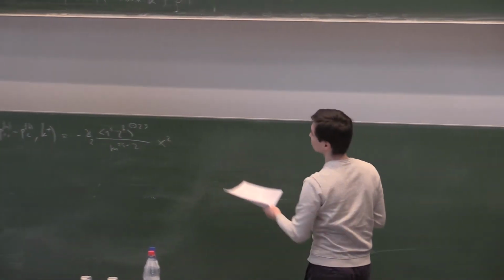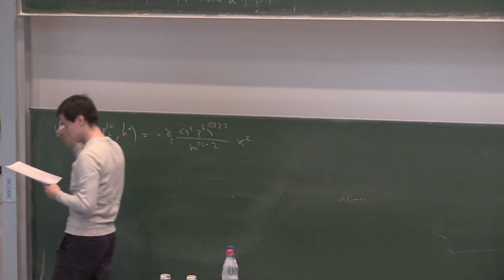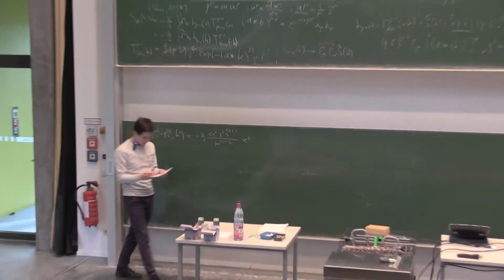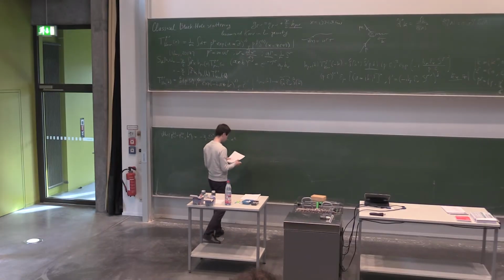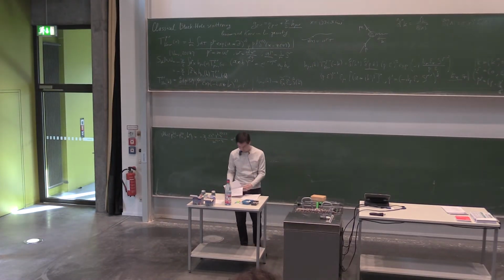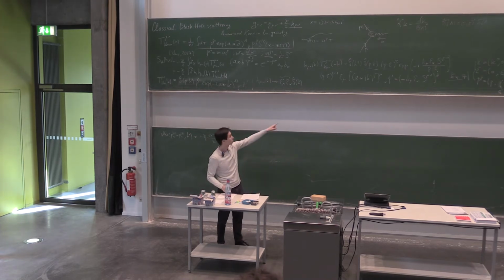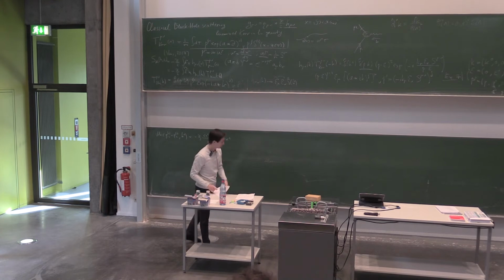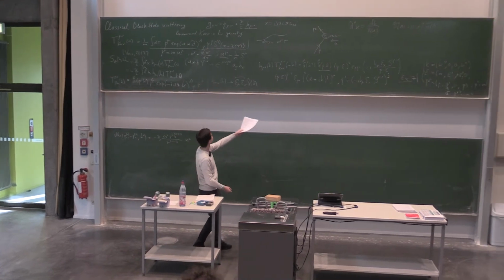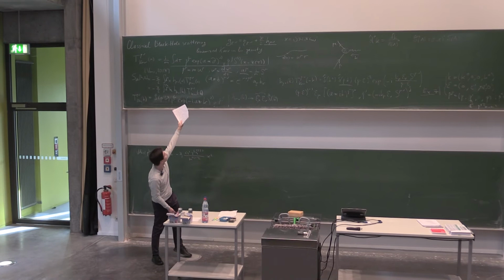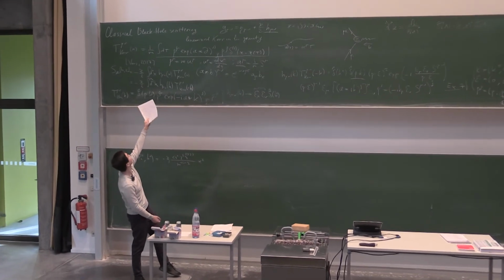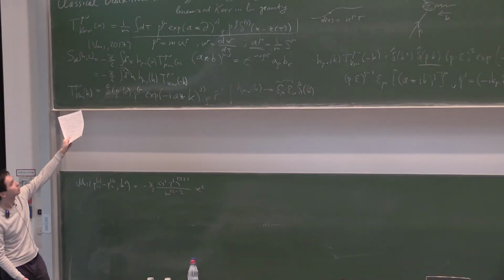Now P2 is outgoing, so I put a minus there. And it so happens that we could rewrite it in a very similar form to what you see there. You see that there's an exponent. Well, there was some kind of exponent already in position space.